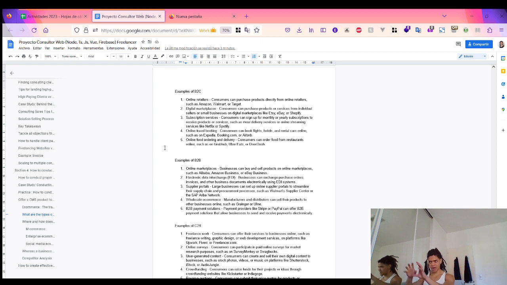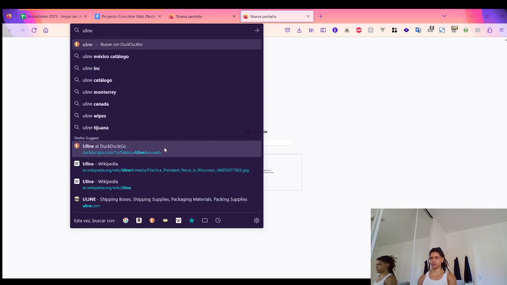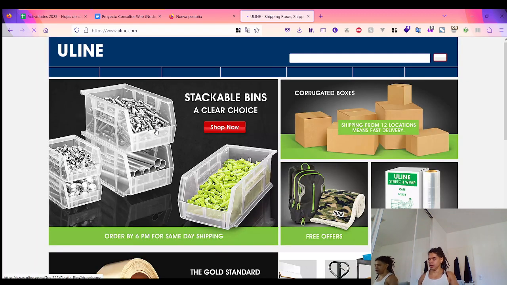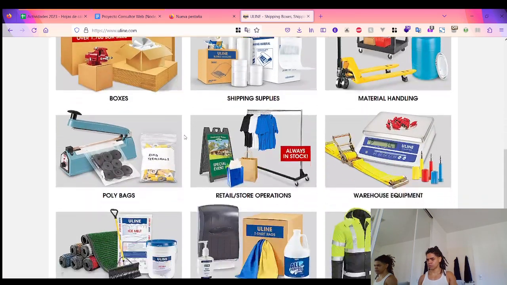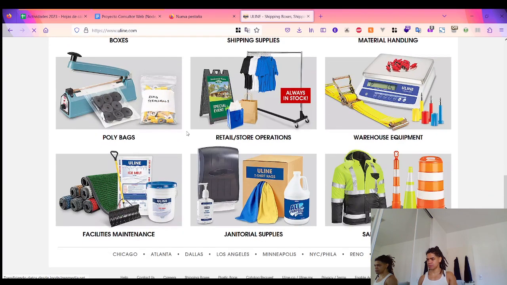Wholesale e-commerce, where manufacturers and distributors sell their products to other businesses online, such as Uline and Grainger. Right? So if you look at this, Uline: Polybag, Green Terminals, General Supply. Exactly.